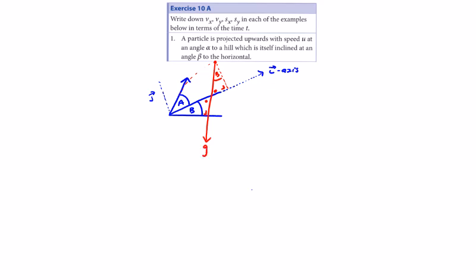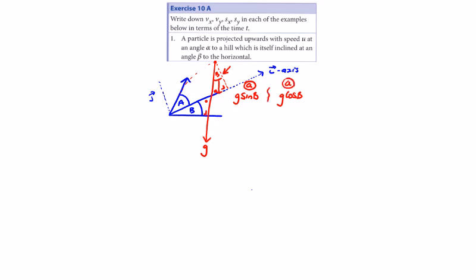So this being gravity, my i and j axes now have different components of acceleration. You can see here, opposite the angle B is my i axis. So opposite will be sine. So g sin B will be my acceleration here in the i direction, and in the j direction it will be g cos B, as the j is adjacent to the angle B. So these are my accelerations.